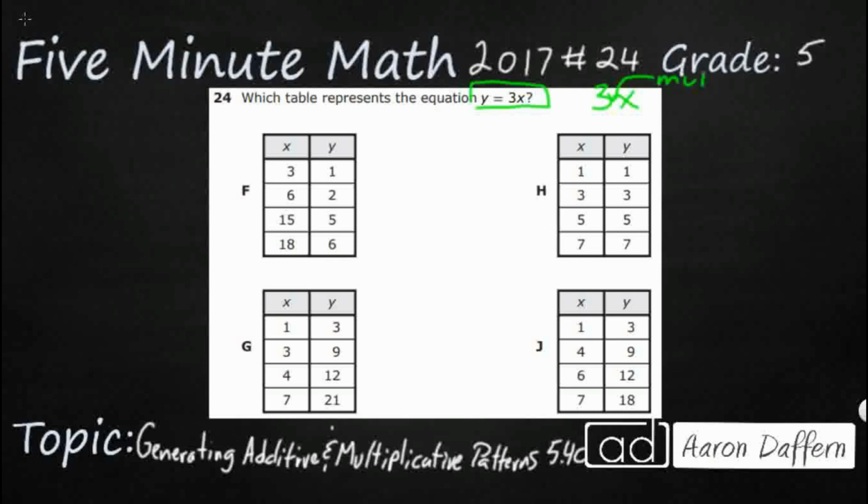As you get older in school, they're just going to drop the multiplication symbol, because the x sometimes looks like a variable, the dot can sometimes look like a decimal, and so they'll just put a number next to a parentheses, that means multiply, a number next to a letter, that means multiply. So we are looking at a multiplicative pattern.